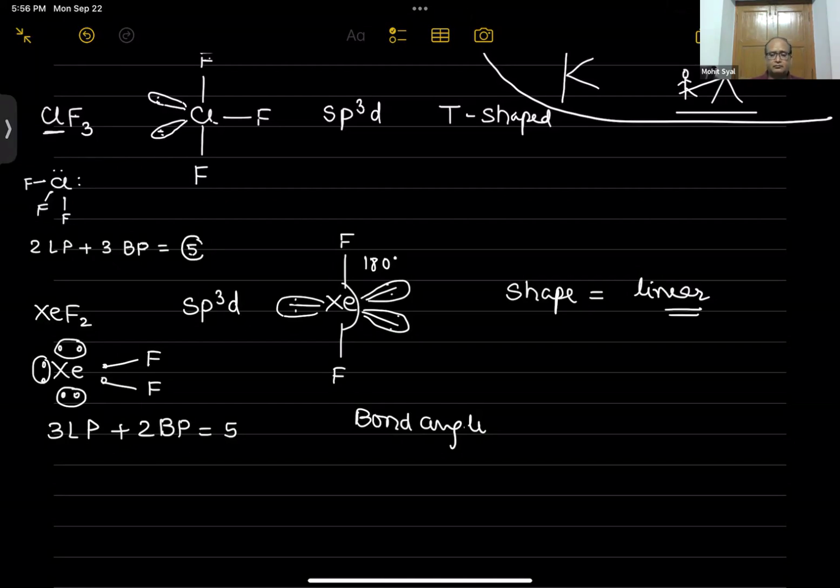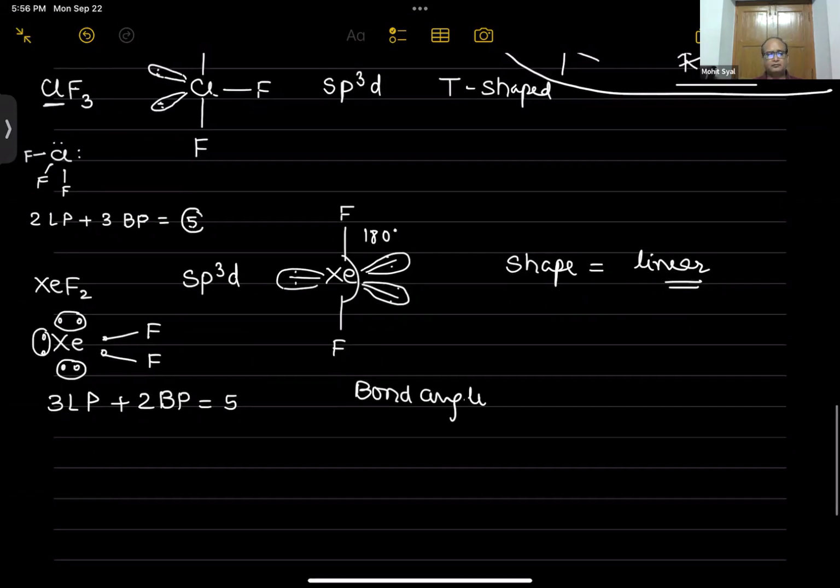Linear shape. Linear shape means this is a straight molecule. Is it clear? So I hope this is clear.